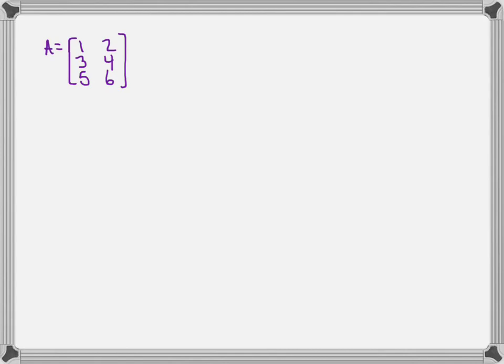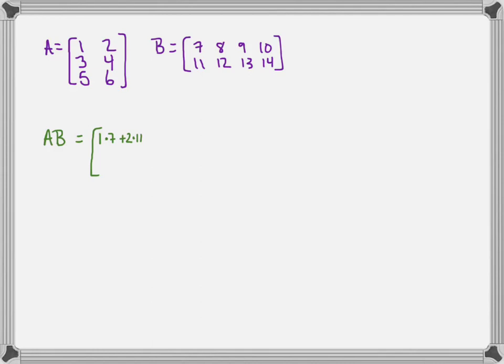So again, let matrix A consist of 1, 2, 3, 4, 5, 6, and matrix B consist of 7, 8, 9, 10, 11, 12, 13, 14. To multiply them, we're going to multiply each row in matrix A by each column in matrix B. So the first element in the product will be found by taking 1 times 7 plus 2 times 11, then 1 times 8 plus 2 times 12, then 1 times 9 plus 2 times 13, then 1 times 10 plus 2 times 14.